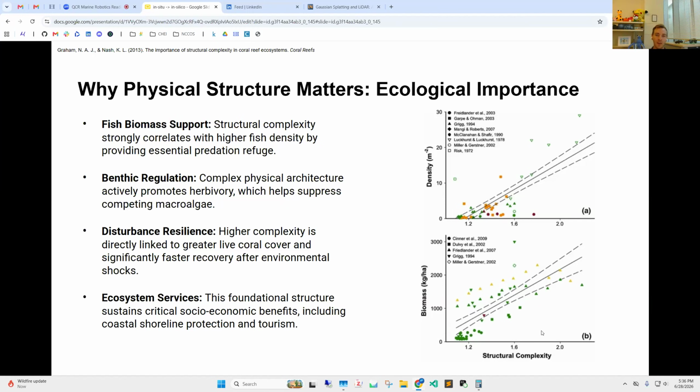In their paper, they quantified these relationships across decades of literature, and showed that high structural complexity provides essential refuge, and has very strong positive correlations to things like biomass and abundance. Furthermore, they found that reefs with higher structural complexity also recovered significantly faster from ecological disturbances. So structural complexity is a fairly important factor in coral reef ecology.